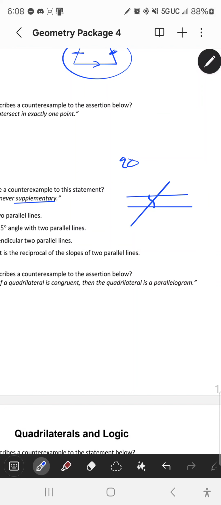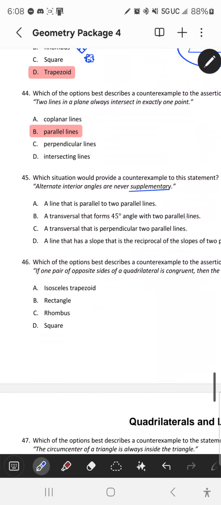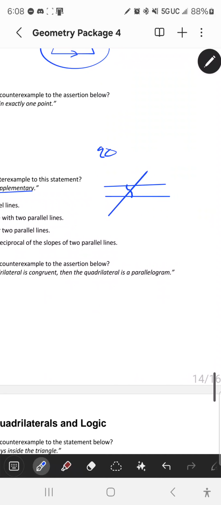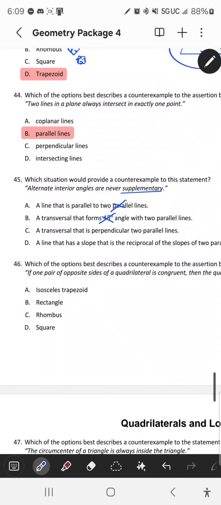This will be complementary. So it is not B either. No, no. A transversal that is perpendicular to two parallel lines. So this is 90. This is 90. 90 plus 90 is 180. So yeah, this is our answer.